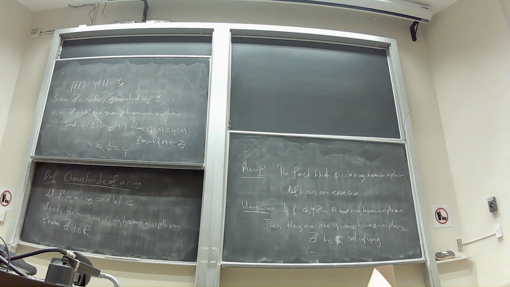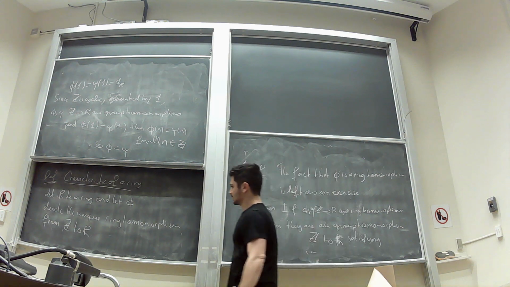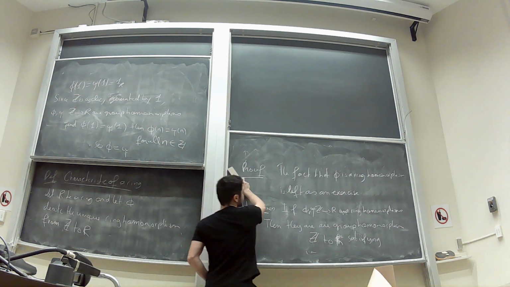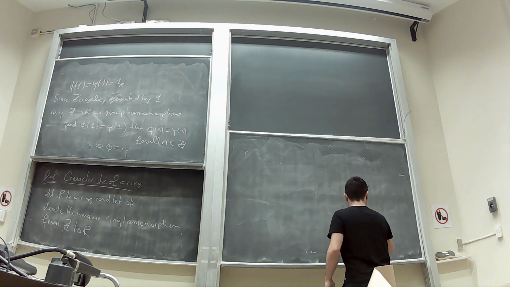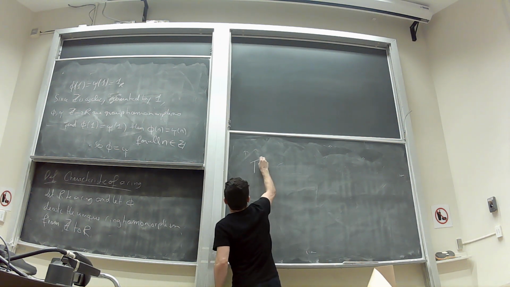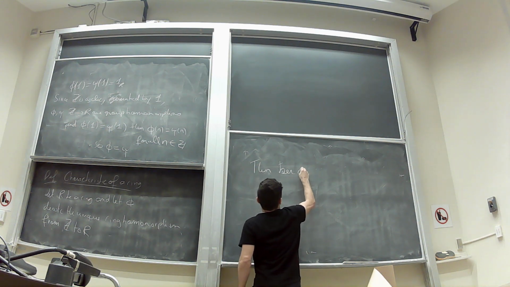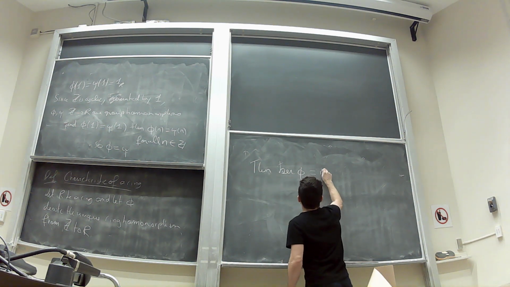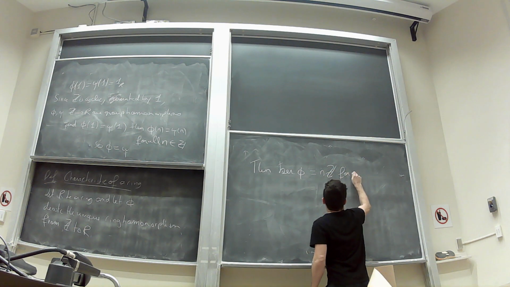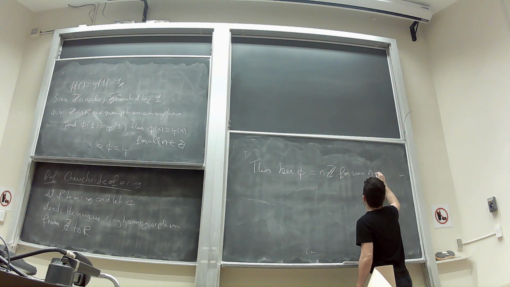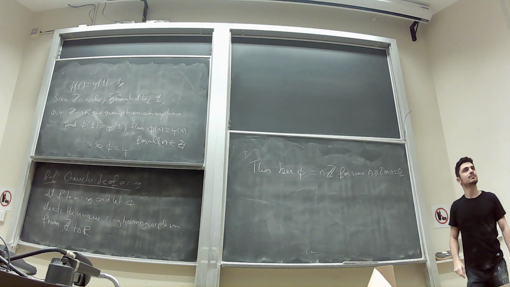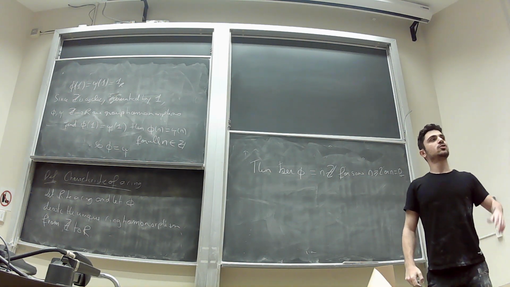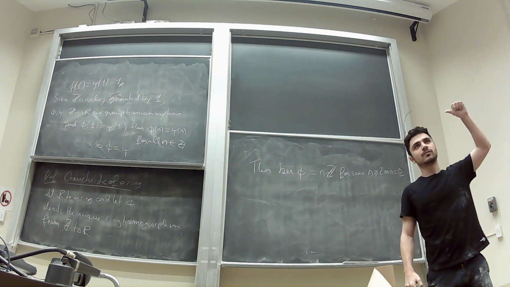So let R be a ring and let phi denote the unique ring homomorphism from Z to R. Then, it's a long definition, the kernel of phi is equal to nZ for some n bigger or equal to 2, or n equals 0. We agree or not? We know that the kernel is an ideal of Z, right?